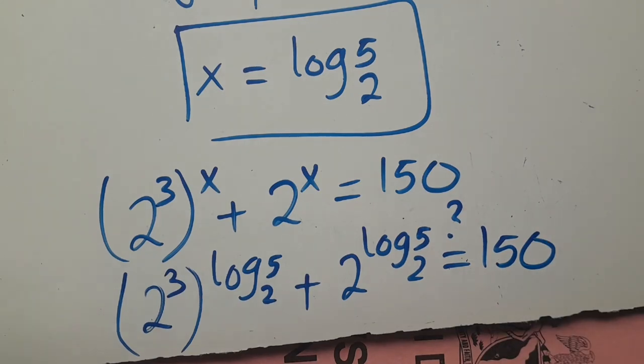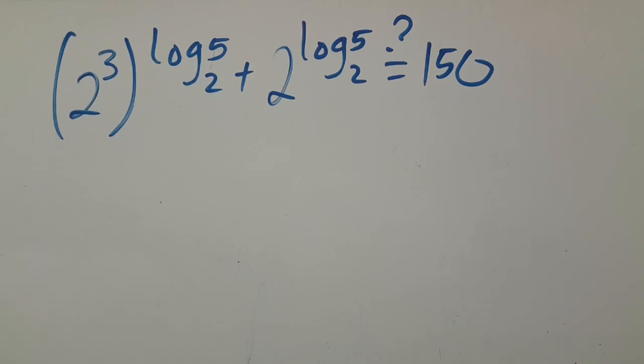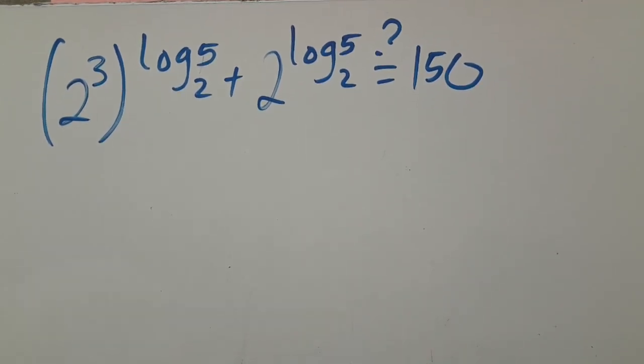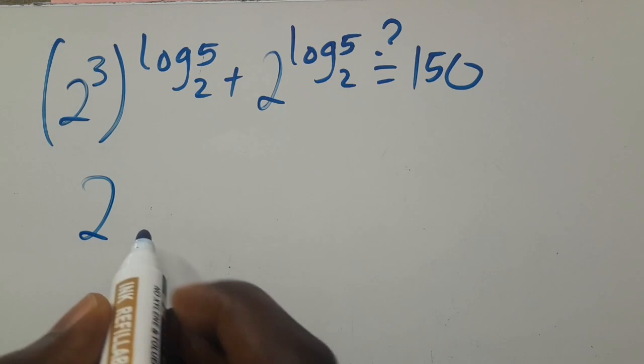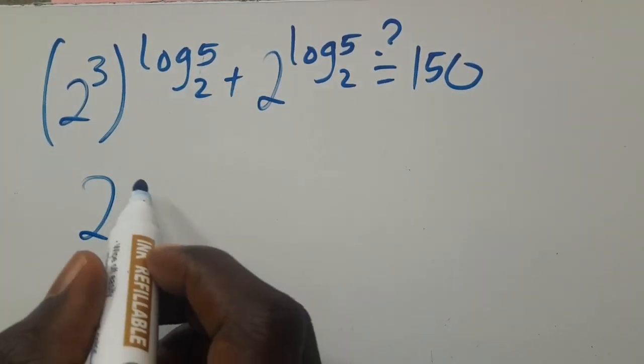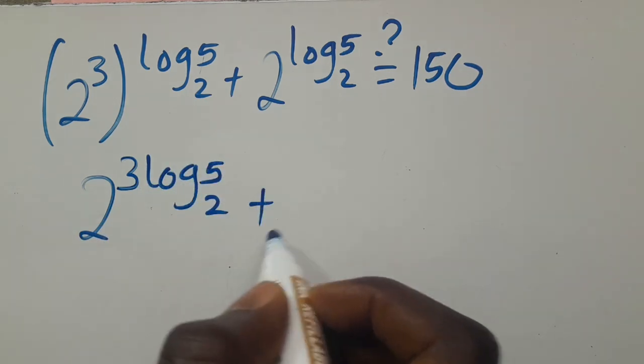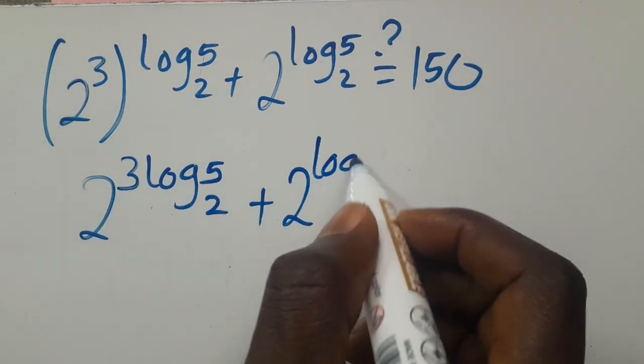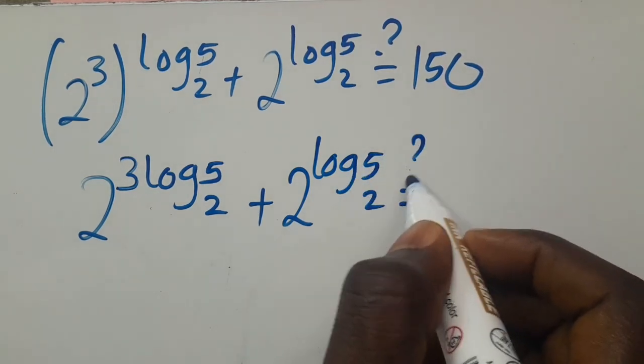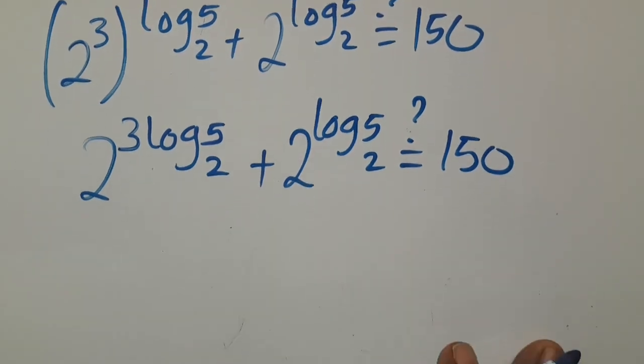Now let's see what will happen. So from here, you see we can have this as 2 to the power of 3 log 5 in base 2 plus 2 to the power of log 5 in base 2. Then it's going to give us 150.